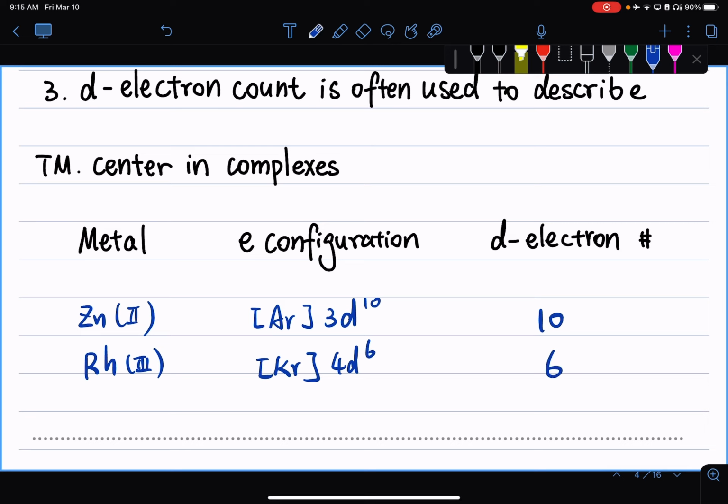And the d electron count is 6. One more example, we can have iron 5+. That's argon, sorry, 3d3. So the d electron count is 3.